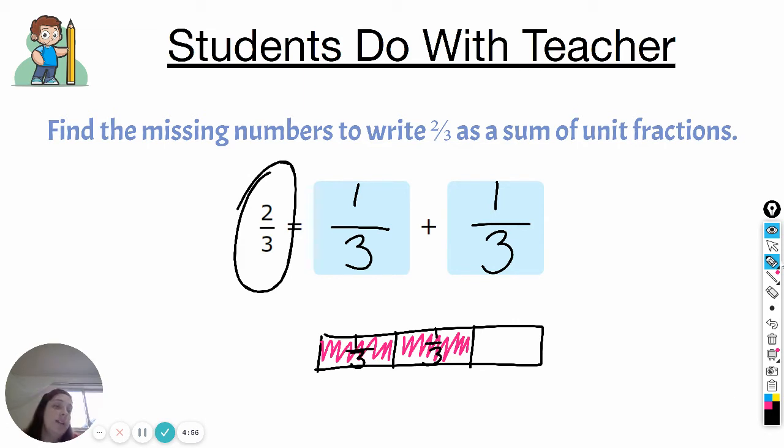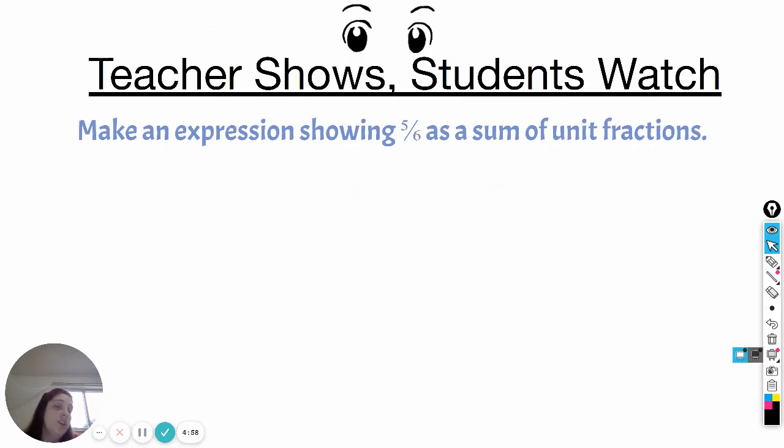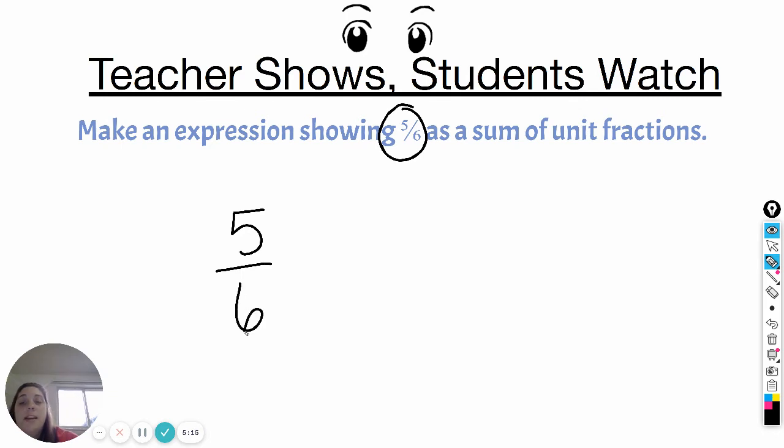Okay, let's go ahead and take a look at a different example. I'm going to show you how we do this one, and then I'll have you do one with me. It says make an expression showing 5/6 as the sum of unit fractions. So this time we have the fraction 5/6. So I'm going to write that 5/6 equals.